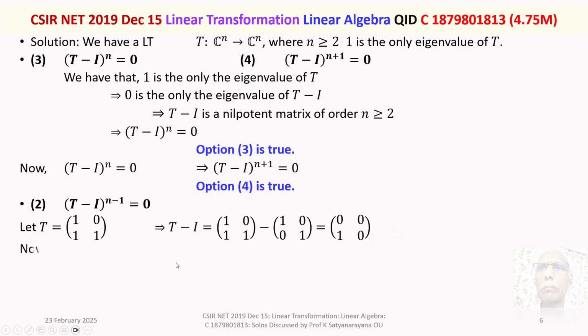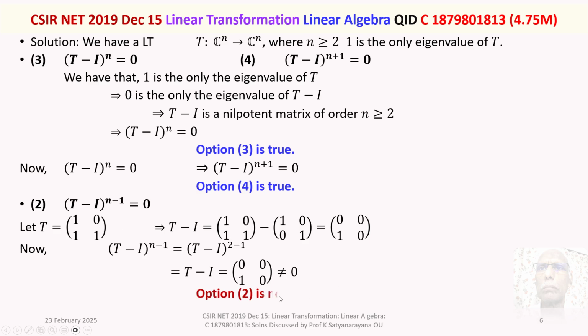Now T minus I to the power of n minus 1 is what? T minus I to the power of 2 minus 1. That is T minus I only. But that is not 0. This is 0, 0, 1, 0, not 0. So this is not always possible, therefore option 2 is not true.